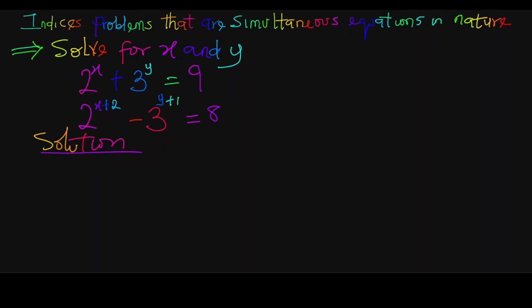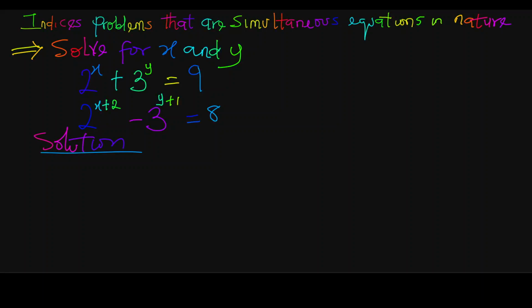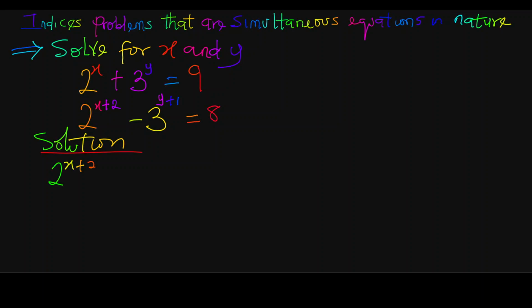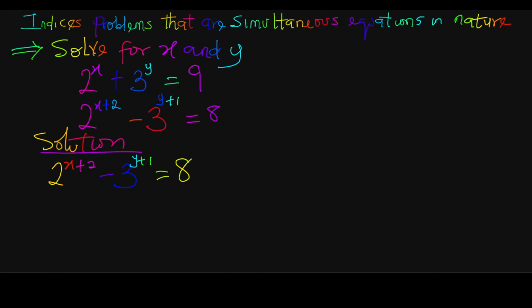It's a bit more complicated than the first. The second equation says 2 raised to the power of x plus 2 minus 3 raised to the power of y plus 1 equal to 8.